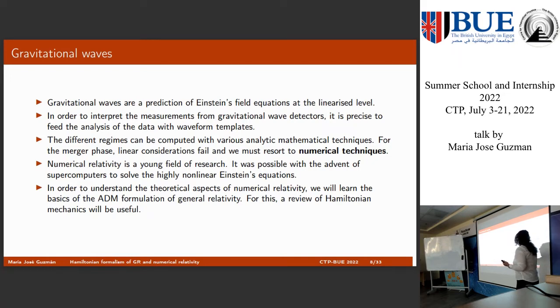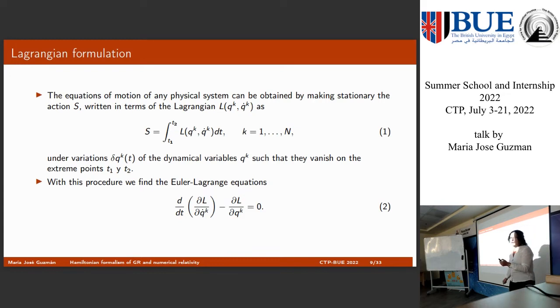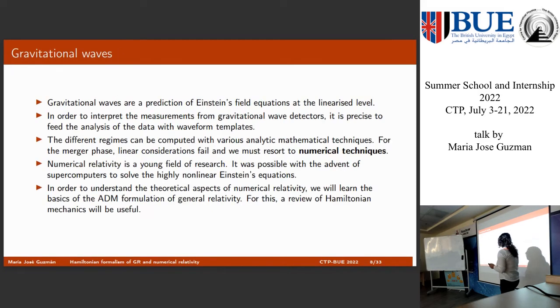But in order to understand the theoretical aspects of this, we will study the ADM formulation. For this, we will study Hamiltonian mechanics, which I think will be a bit easy because my colleagues have already been telling you about the use of the Hamiltonian, for instance in quantum physics. For us theoreticians, and what I really do is not numerics but more theoretical work, the Hamiltonian approach allows us to go beyond general relativity and check the degrees of freedom of modified gravities.